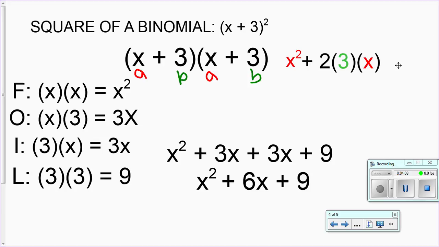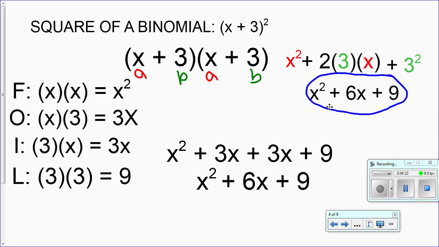And then the last one was b squared. So b is 3, squared, which is 9. So we simplify it. 2 times 3 times x gives me 6x, 3 squared is 9, x squared is fine. It gives us the same answer, but it's a lot shorter. So whatever you want to do is up to you.